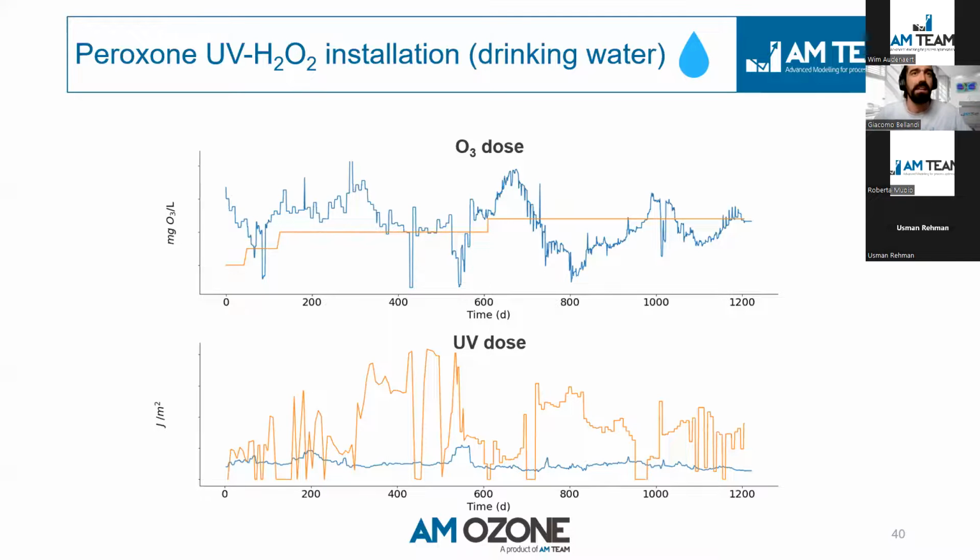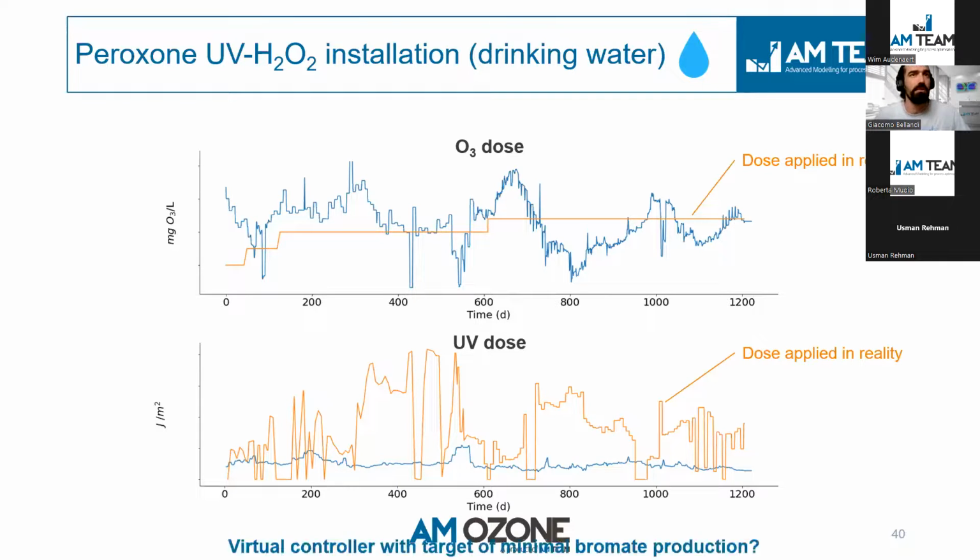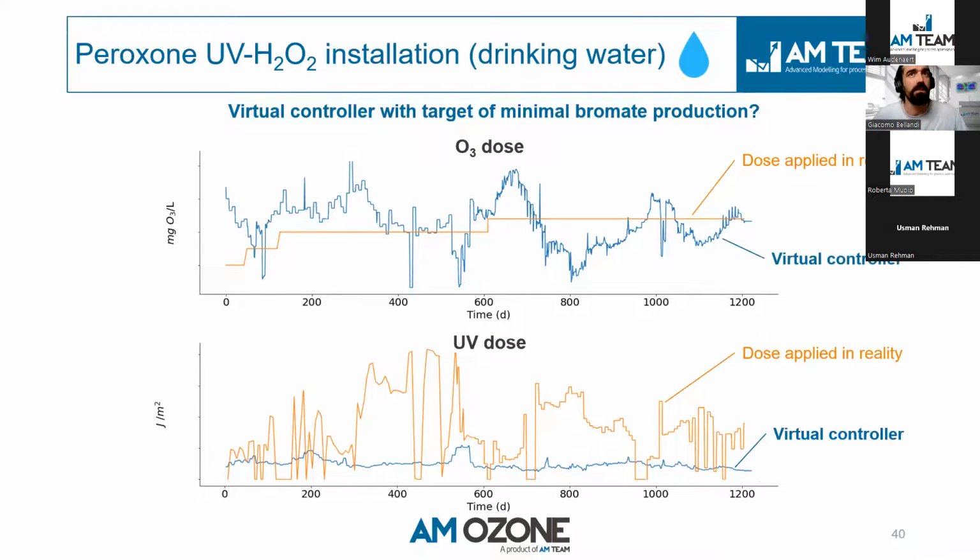In the yellow lines, you see the actual operation, how the installation was operating in these years. And with the model, we could run advanced controller situations with virtual controllers that would have suggested at this point a better combination of ozone and UV dosing.